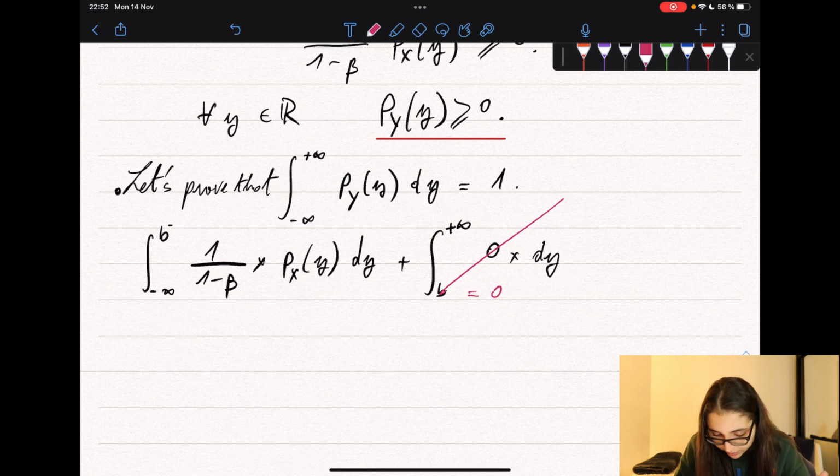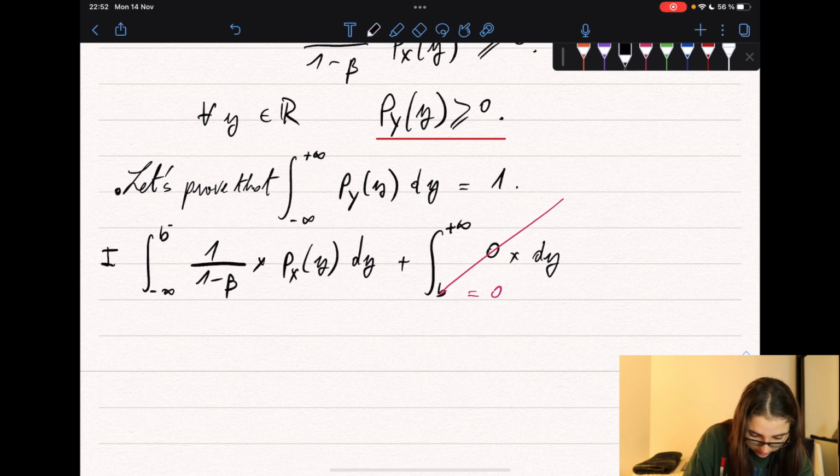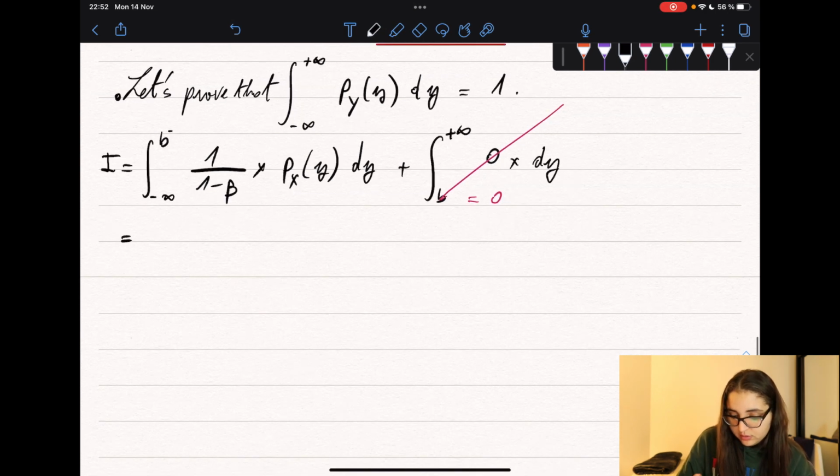So we don't have to worry about this, and we're just going to call this I so that we can continue putting equal signs here at the bottom.